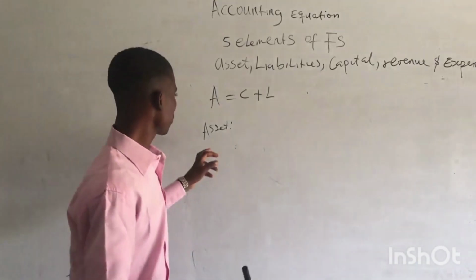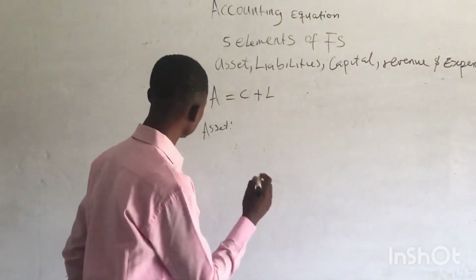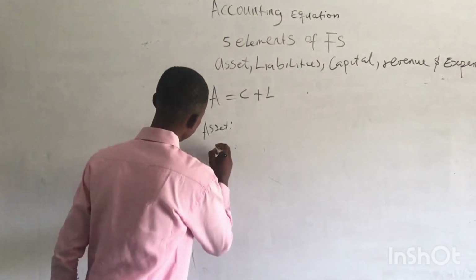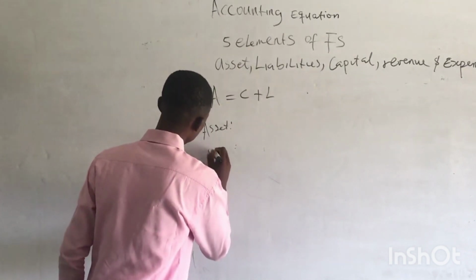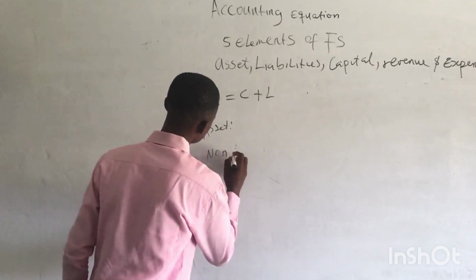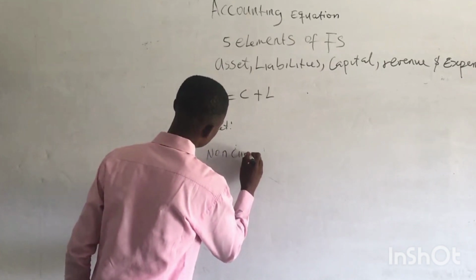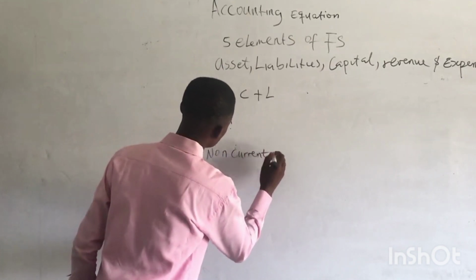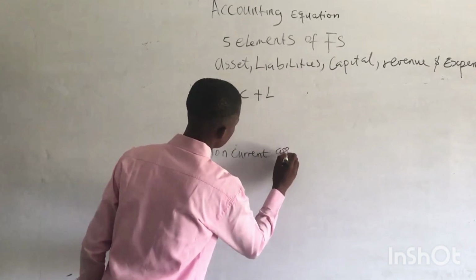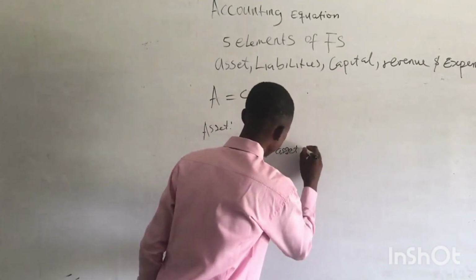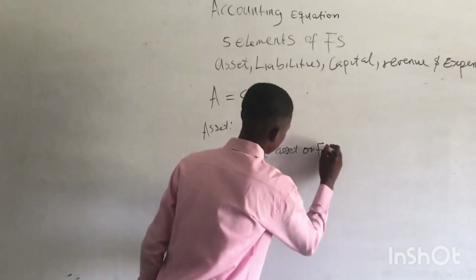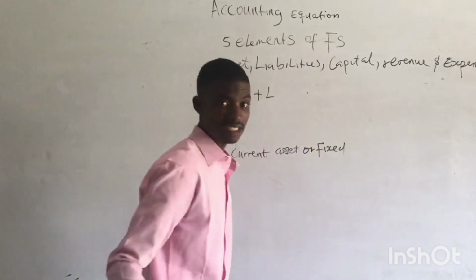An asset can be divided into 2. We have non-current assets or fixed assets, number one.